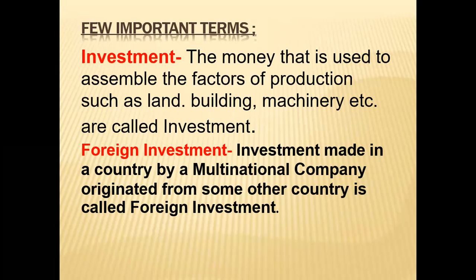Foreign investment is the investment made in a country by a multinational company originated from some other country. So when investment is made in a company through an MNC, and where the MNC is not from that particular country, it becomes a foreign investment.